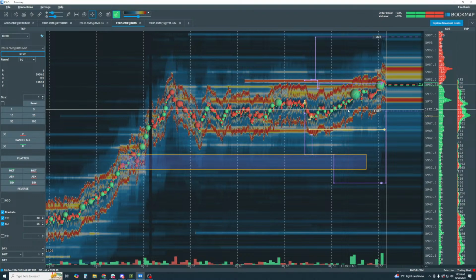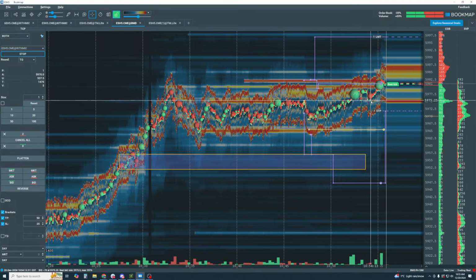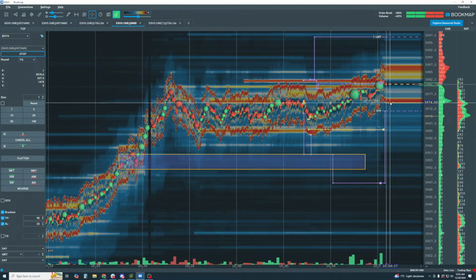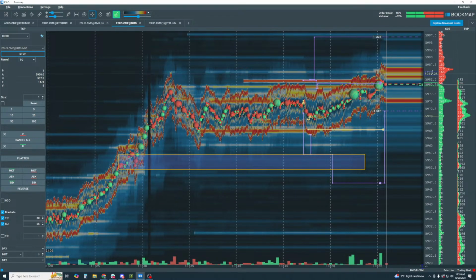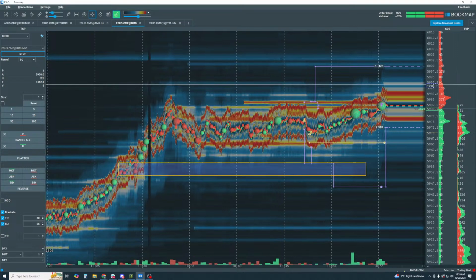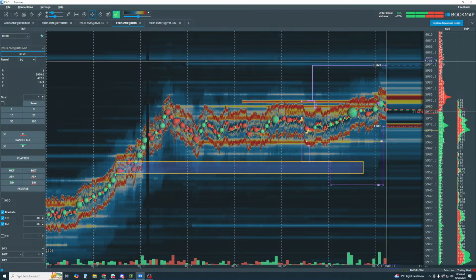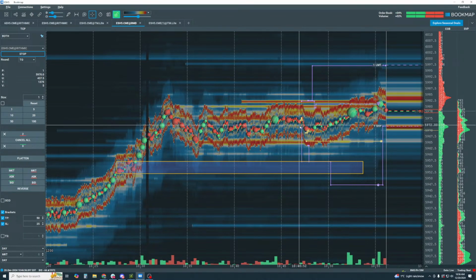This little swing here, I'm watching, or maybe this swing here, but I want to give it a little breathing room. Okay. And then I can keep my take profit up here at 96, 97, somewhere around there. Yeah, that looks good.